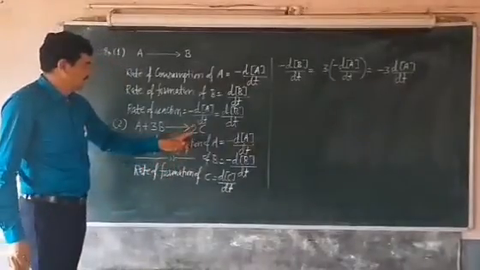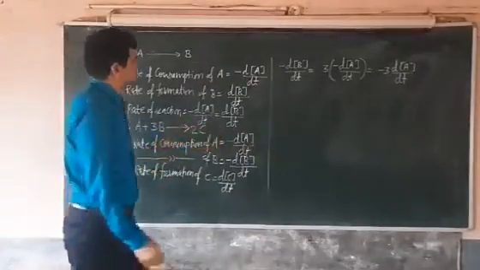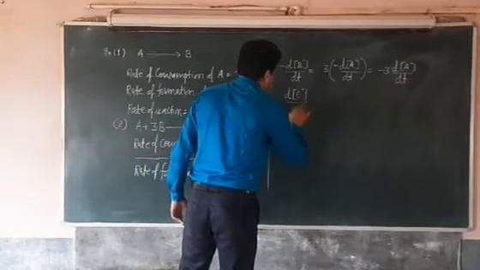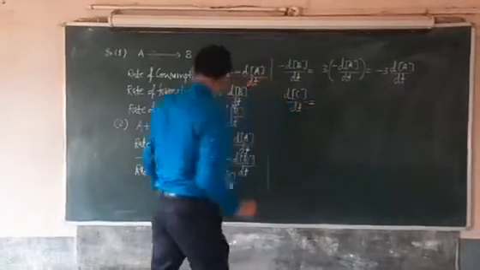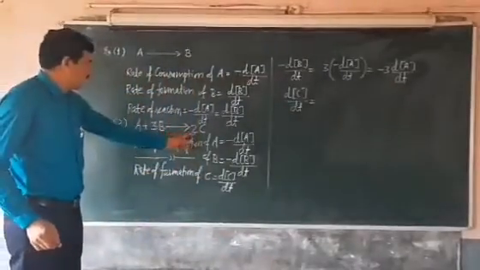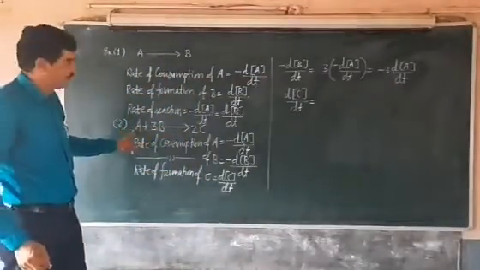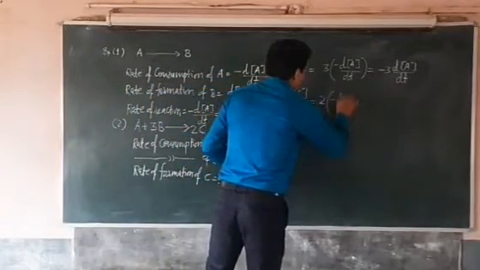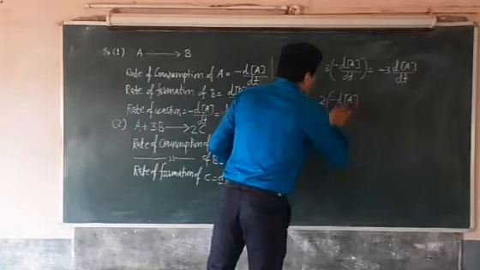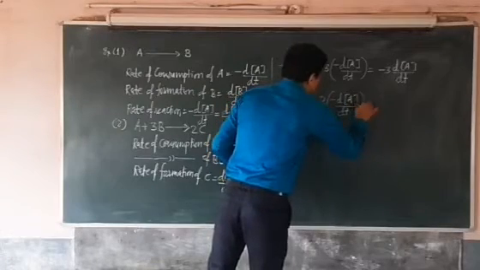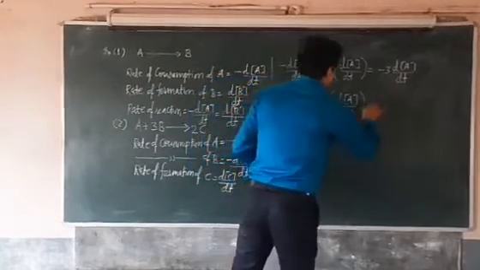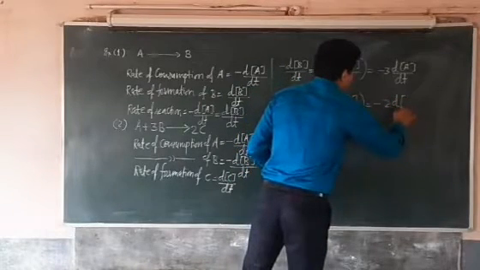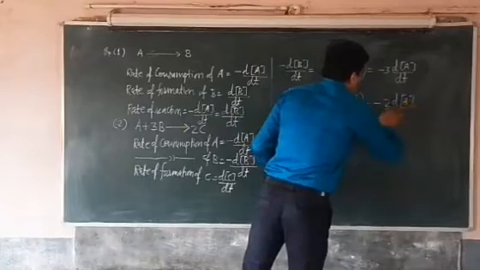Similarly, the rate of formation of C, that is dC by dt, will be double or twice the rate of consumption of A. Twice the rate of consumption of A, that is minus dA by dt, which is further written as minus 2 dA by dt.